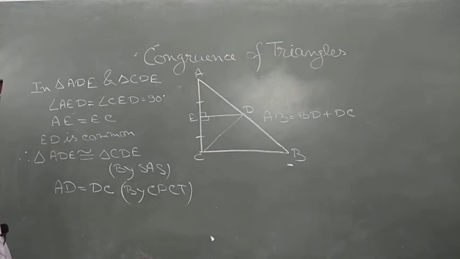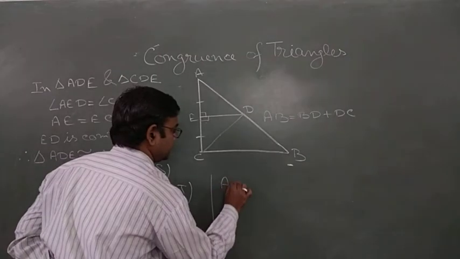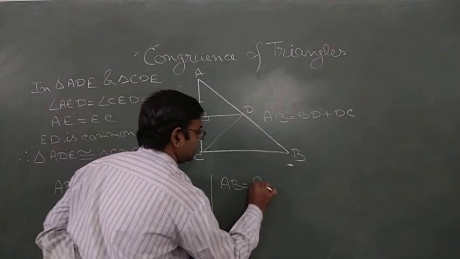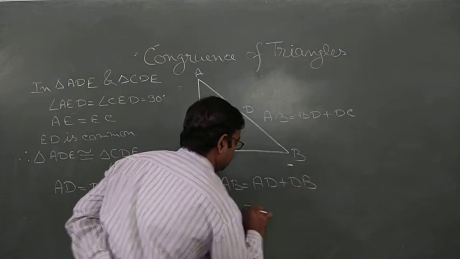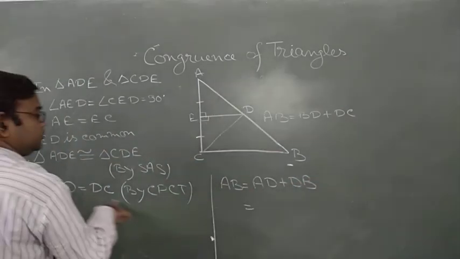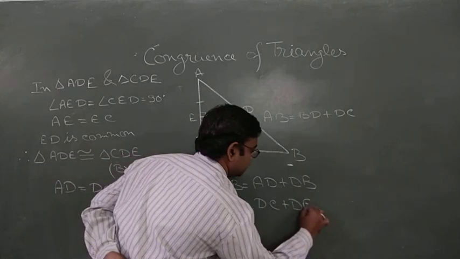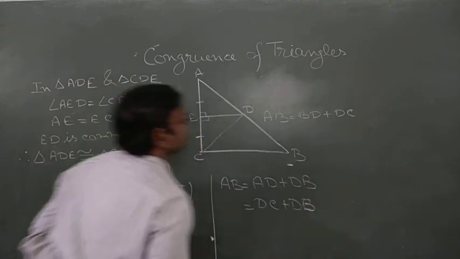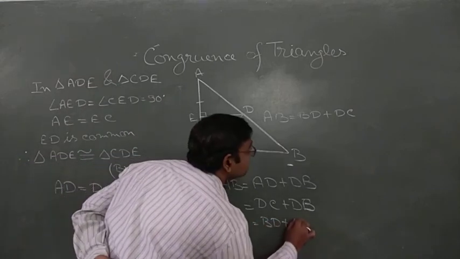Question says that AB equals BD plus DC. So from this we can write down, as we know that AB equals AD plus DB, and from this we know that AD equals DC, so DC plus DB, or we can write these two are same, so BD plus DC.